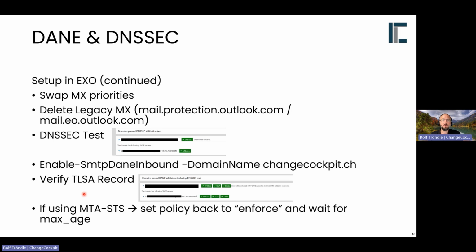And if you're using MTA-STS, then you need to set the policy back to enforce if you had it at enforce before, and wait for the max age. So this means after enabling DNSSEC for your domain, you get the new MX, then set this new MX as your first MX record, or your only MX, and then you enable SMTP DANE inbound.